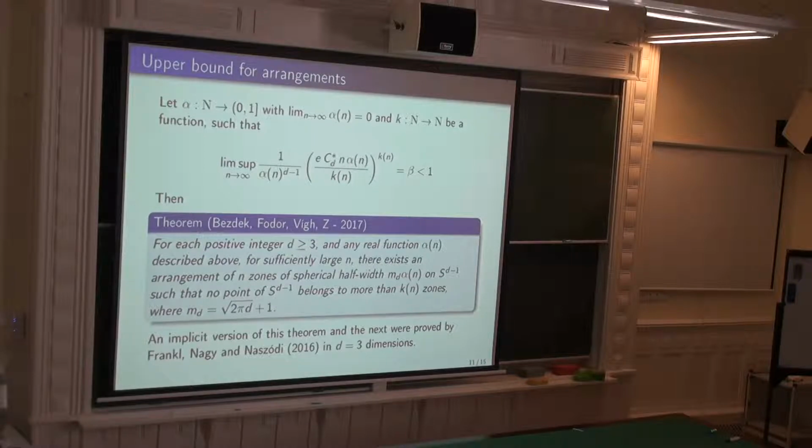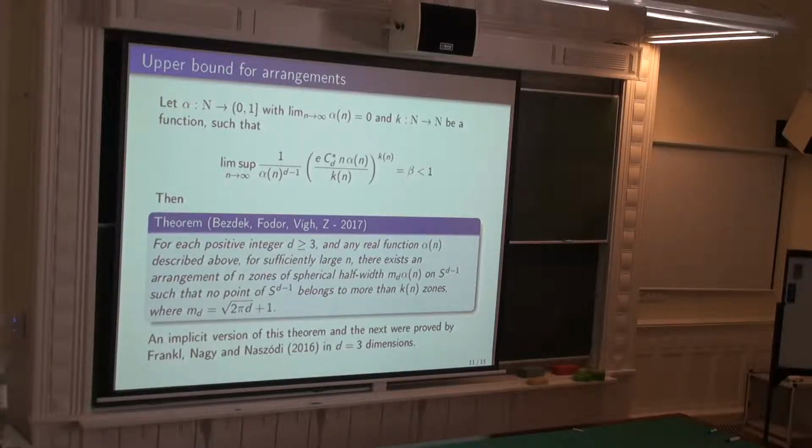Then we can state the following theorem: for at least 3 dimensions and any real function alpha described above, for sufficiently large n, there exists an arrangement of n zones of spherical half-width alpha(n) on the sphere, such that no point of the sphere belongs to more than k(n) zones.